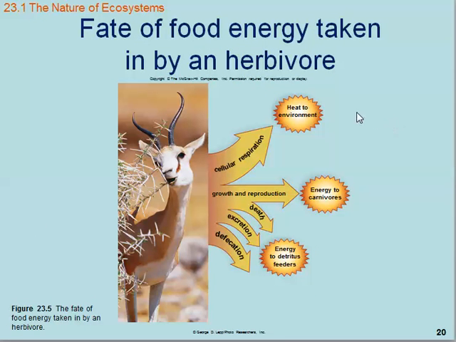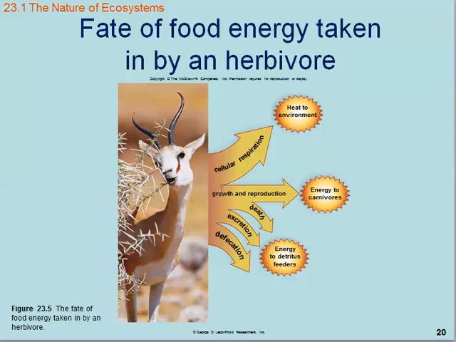All right, another diagram illustrating the same thing. Here we have this herbivore, and what is happening to the energy that this herbivore is getting from eating this shrub? Well, through cellular respiration, some of the molecules, the nutrients it's getting from this plant, are broken down, and the energy as those molecules are broken down is given off as heat to the environment.